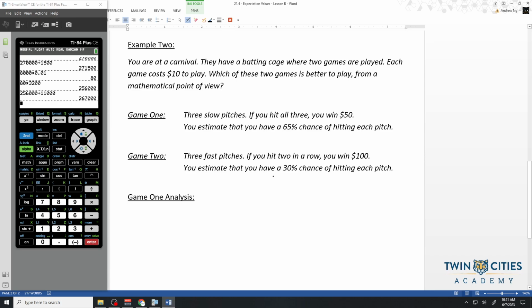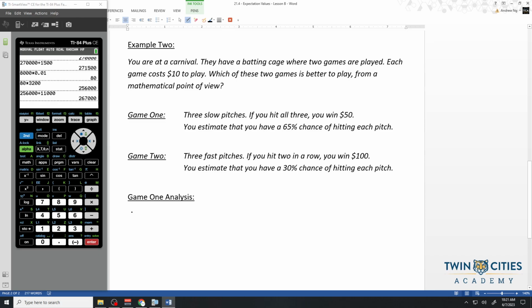Well, the probability of you hitting all 3 means that you would have to hit the first one, and you'd have to hit the second one, and you'd have to hit the third one. So what that means is you'd multiply 0.65, 65%, times itself, and then times itself again.